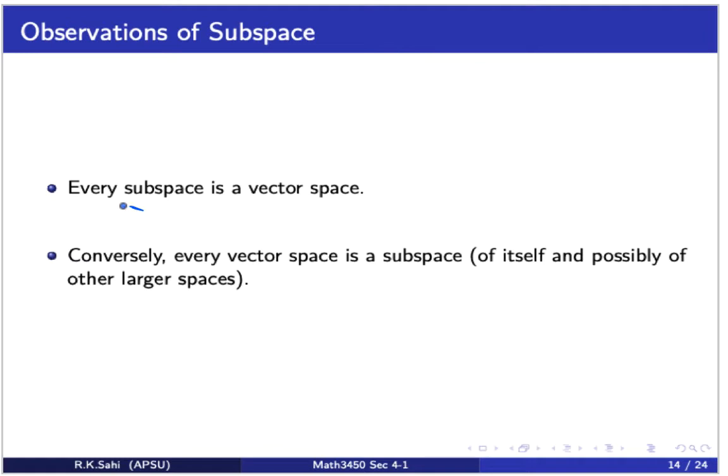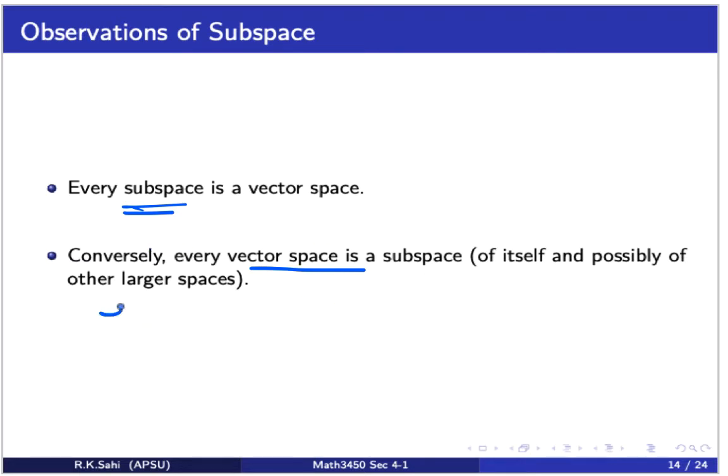So every subspace is a vector space. Conversely, every vector space is a subspace of itself and possibly of other larger spaces. This is important. If I prove that something is a subspace by using those four properties, I can automatically say it is a vector space. Or if I know it is a vector space, then it is a subspace, because every vector space is a subspace.